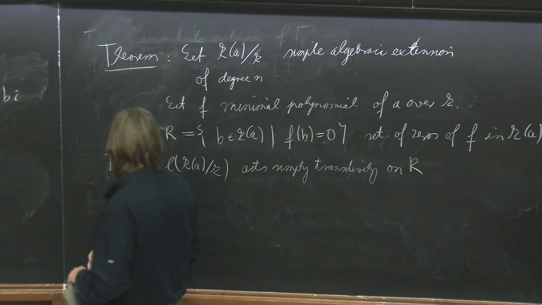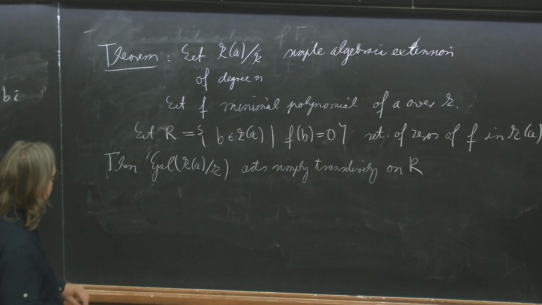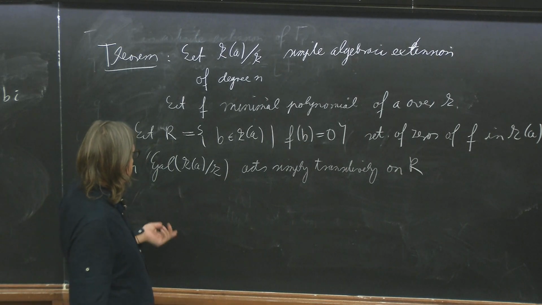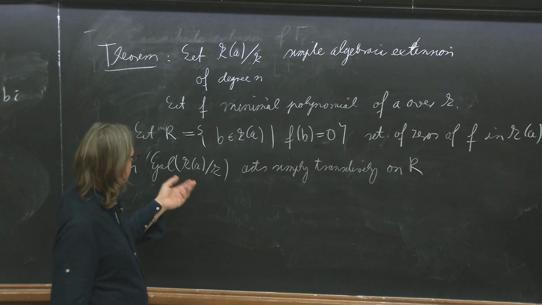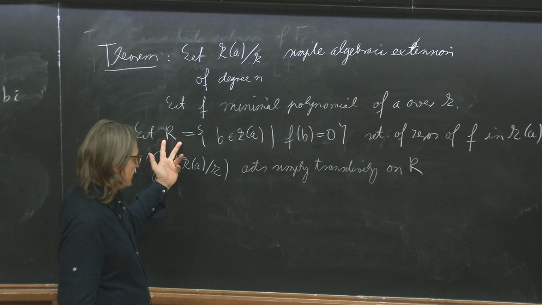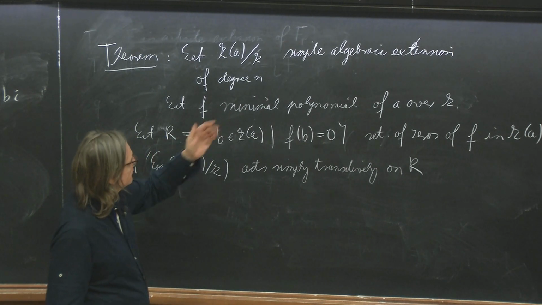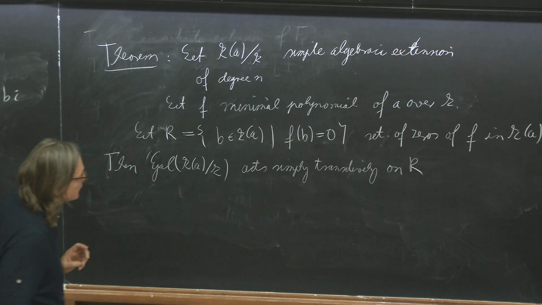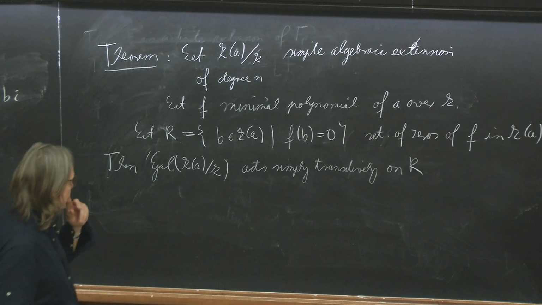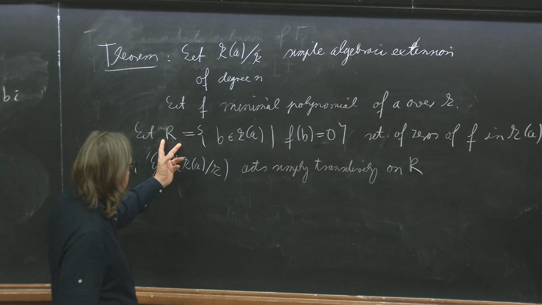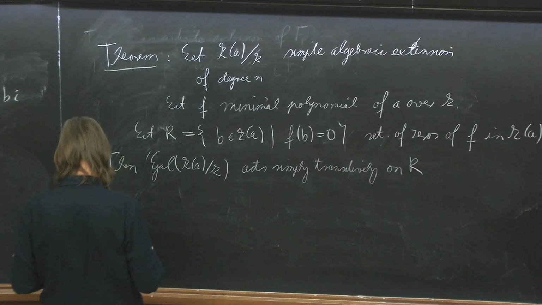So in particular, if it acts simply transitively on R, we know that the number of elements in the Galois group is as many as elements in R. And as they are the zeros of this polynomial of degree n, this number of elements is smaller or equal to n.